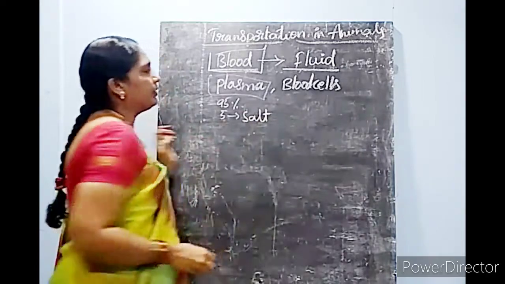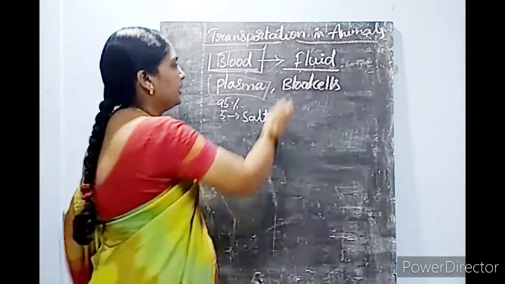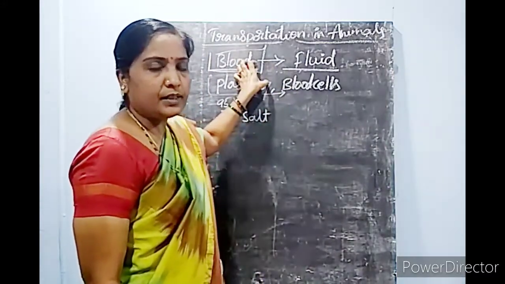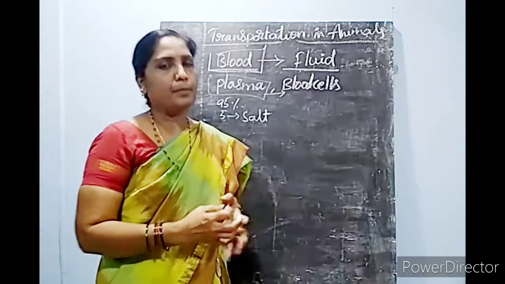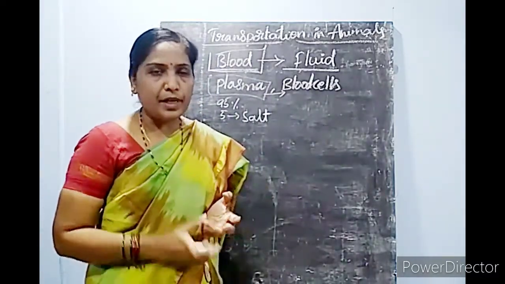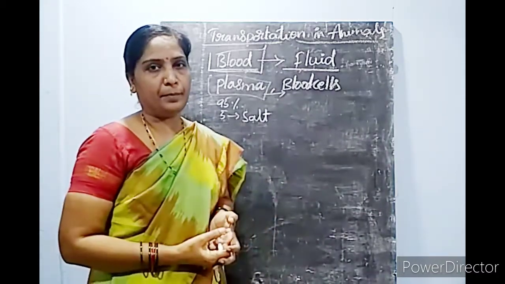This combination forms the plasma. In the plasma, the blood cells are floating. So the blood is composed of plasma and blood cells.